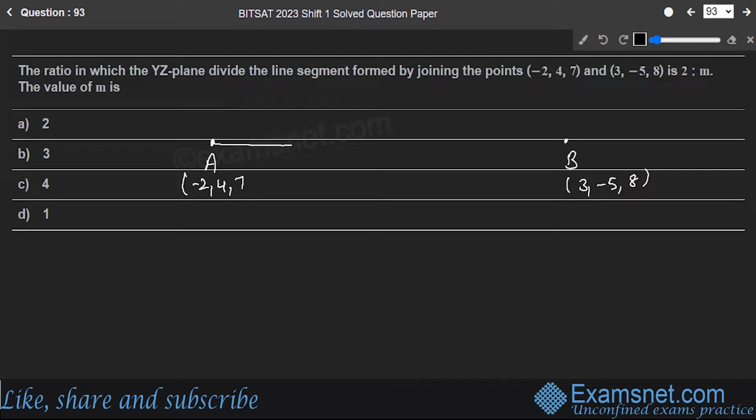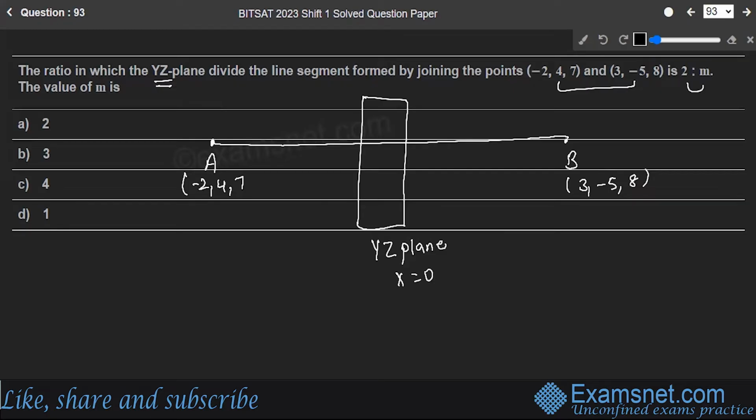This is the YZ plane, so that means here X is equal to 0. Now this is being divided in the ratio 2:m. So you have to find out the value of m.